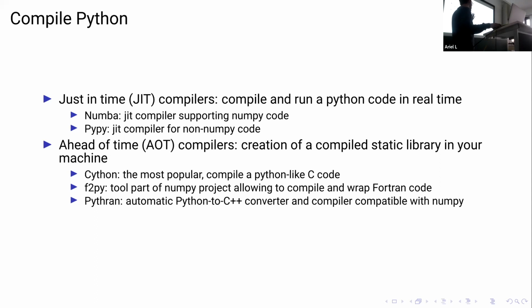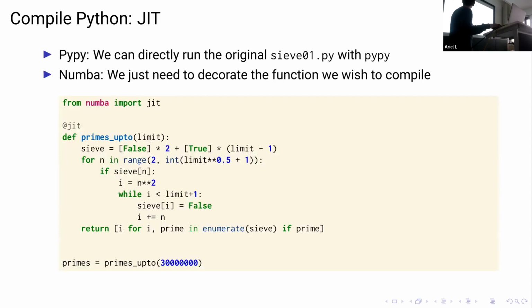It will actually compile Python code to some binary and then execute the binary, but it will do that on the fly. Numba is maybe the most interesting to explore. We are starting to see that there are many projects starting to be based on it.